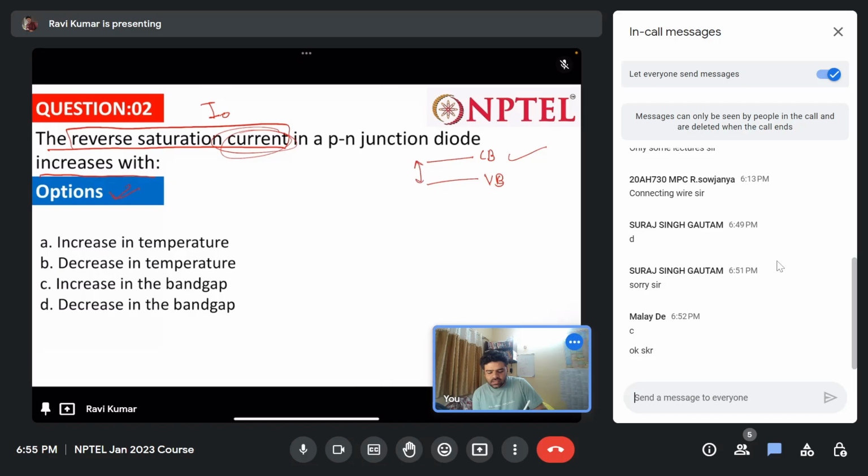Either the band gap decreases or the number of charges increases. Does this number of charges increase with temperature? Why does the conductivity of a semiconductor increase with temperature? Yes, this number of charge carriers increases with temperature, and this increase in charge carriers increases the current.